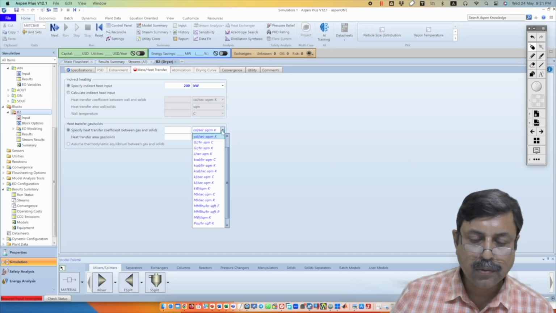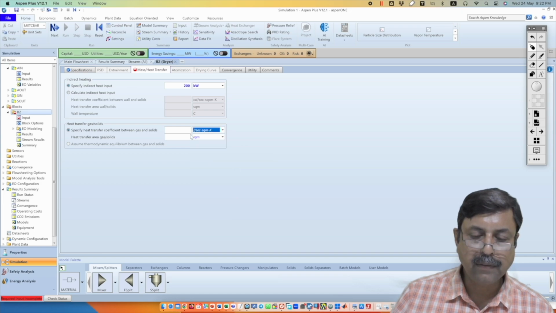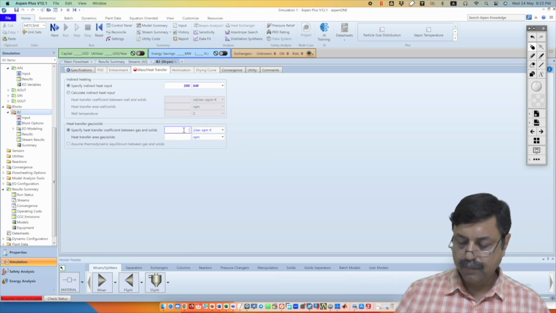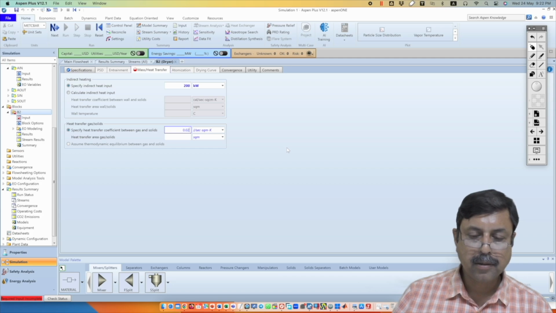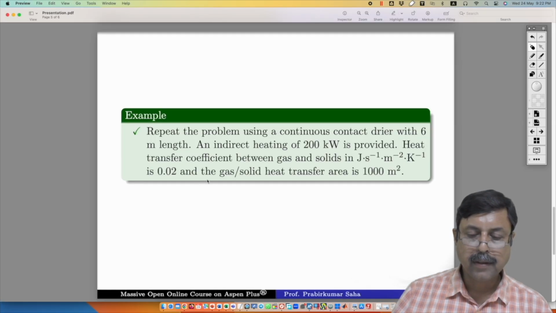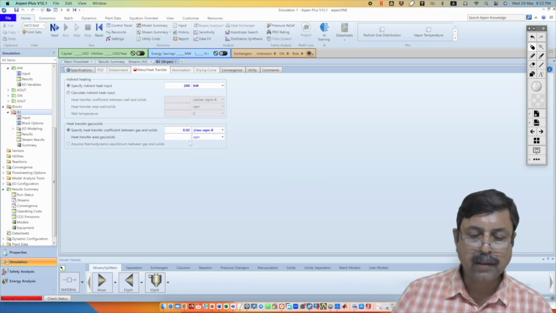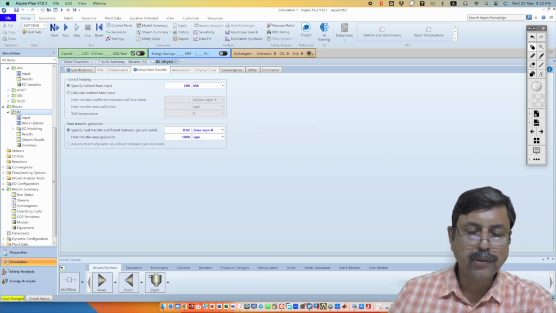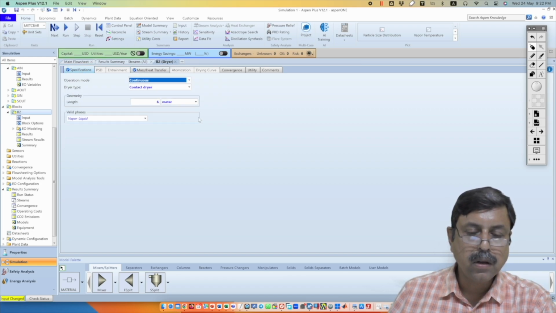So we have to use joules per second per meter square per Kelvin. It is 0.02, right? Yes. And the gas solid heat transfer area is 1000 meters square. So we have everything specified.